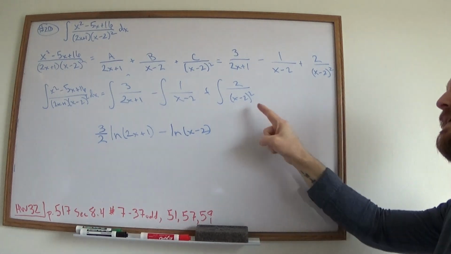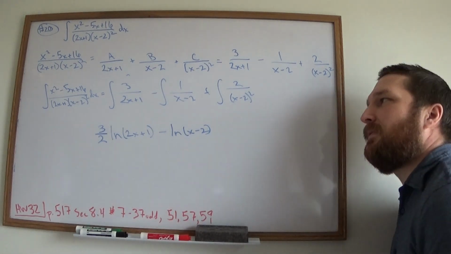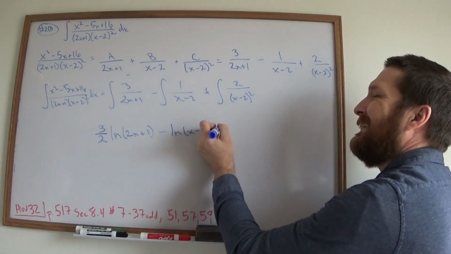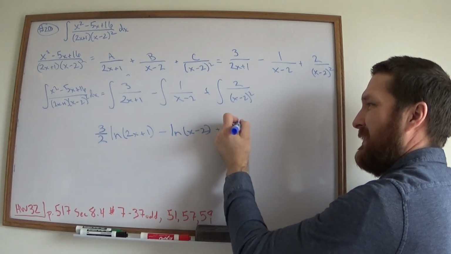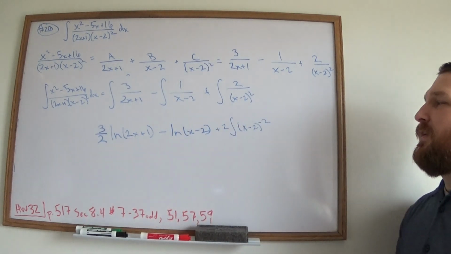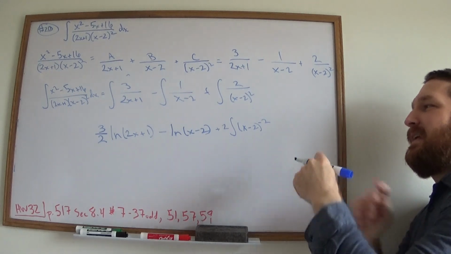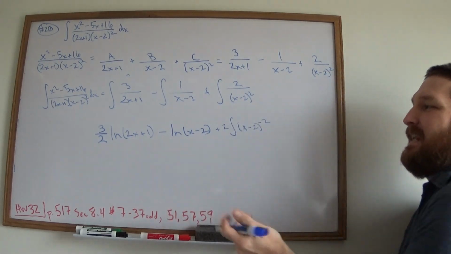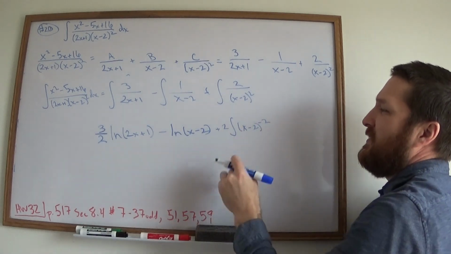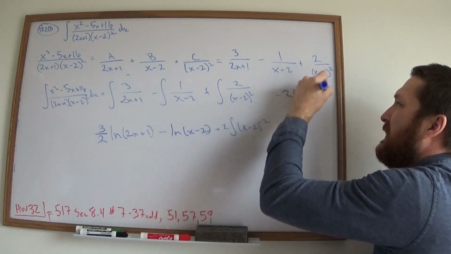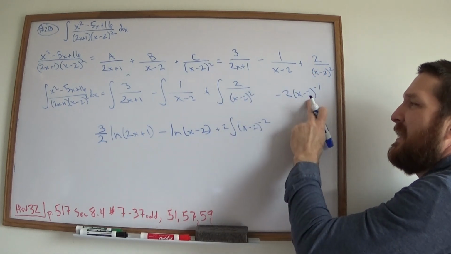Now this, you might think it's a log, but wait a minute. No, it's to the negative 2. X minus 2 to the negative 2. So it would have to have been a negative 1. Negative x minus 2 to the negative 1 should be the antiderivative of that.